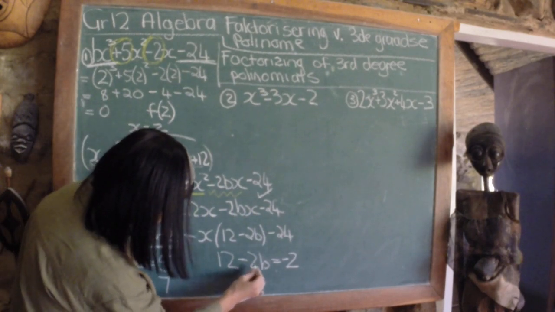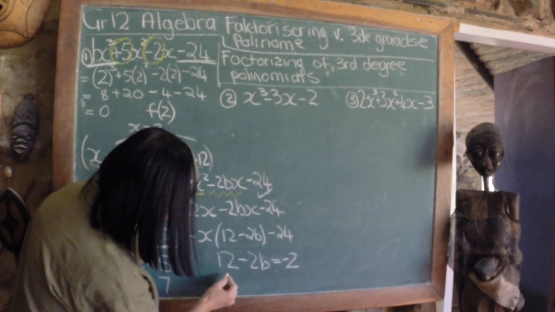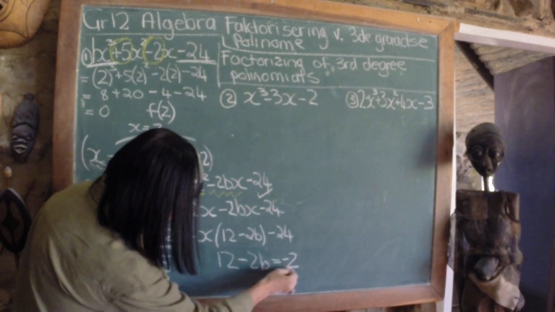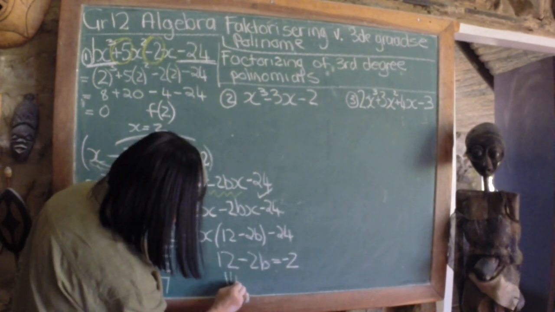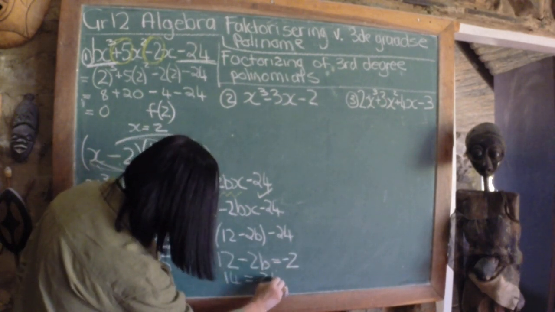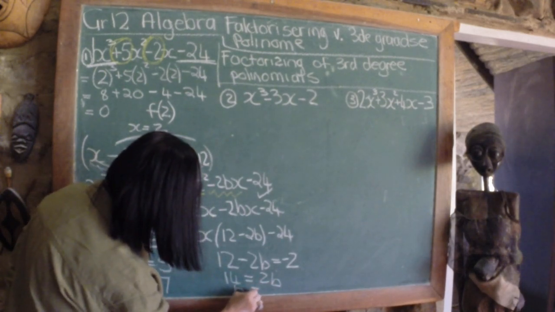So kom ons gaan kyk. Ek sit daai ouetjie oor, is gelyk aan 2b, vat daai ouetjie hierdie kant toe, dan word hy 14 is gelyk aan 2b en daarom is b gelyk aan 7.